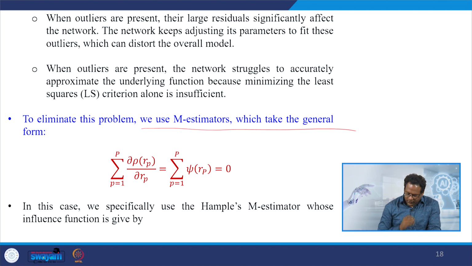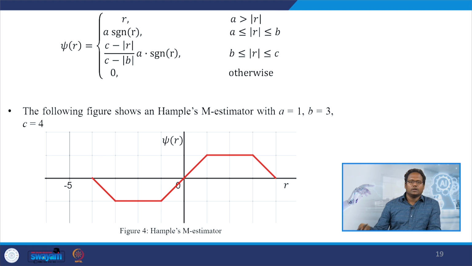In this case, we specifically use Hampel's M estimator, whose influence function is given by psi of R equal to R when magnitude of R is less than A, A signum of R when A is less than or equal to R magnitude less than or equal to B, and it is given by C minus R magnitude upon C minus B magnitude, whole multiplied by A into signum of R, when R magnitude lies between B and C range, and it is 0 otherwise.